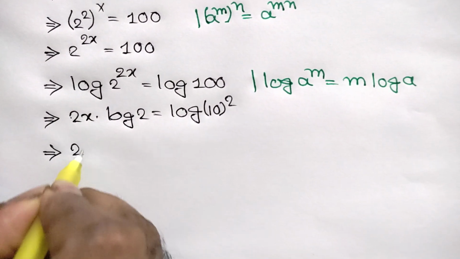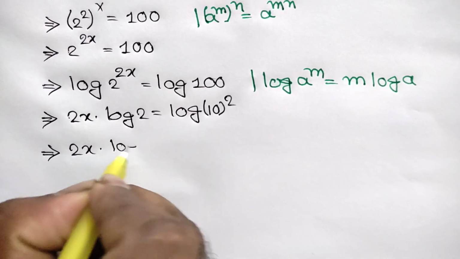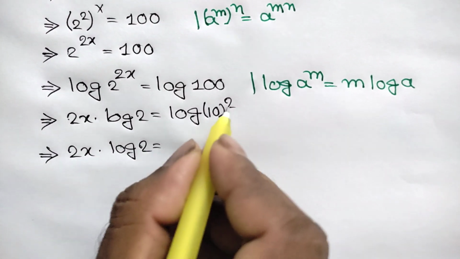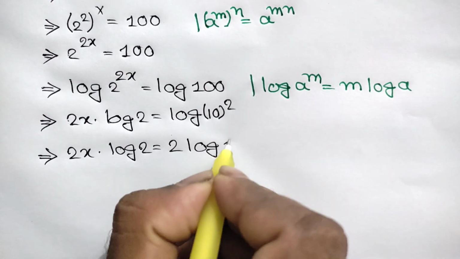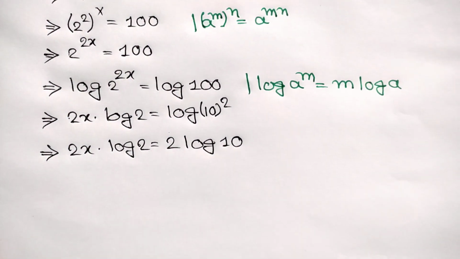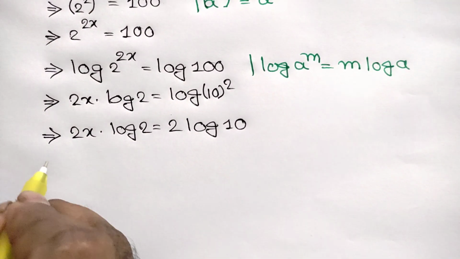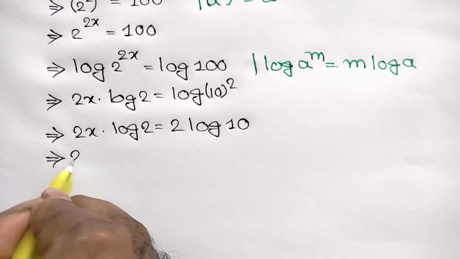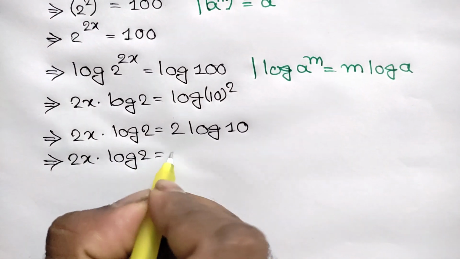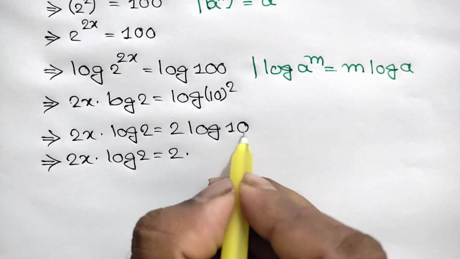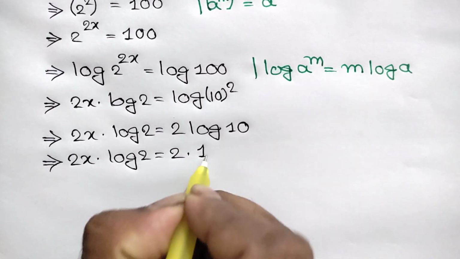So 2x times log of 2 is equal to, this 2 moves here, 2 times log of 10. Now 2x times log of 2 is equal to 2 times, we know log of 10 is equal to 1, so we can write here 1.